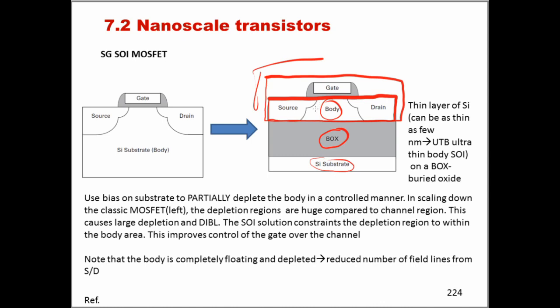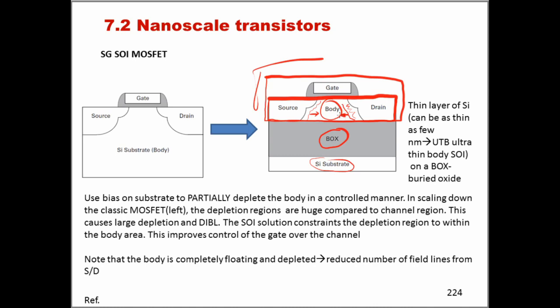You see, when you are creating a depletion region, if we assume, for example, that the body is p-silicon, what we are doing is pushing away the holes from the drain, and so we create a depletion region here. At the same time, something similar will happen here at the source. But on both sides we are pushing away the same charge, both positive, and so they will repel each other.